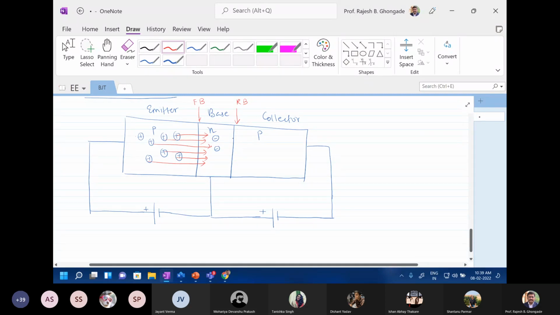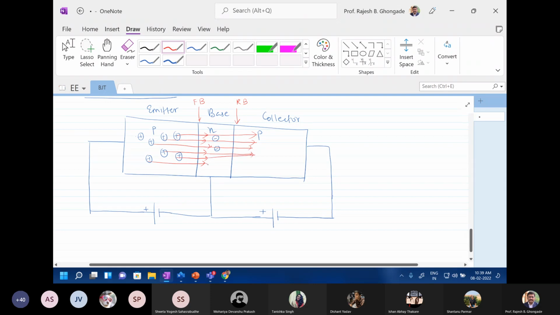What they see here, they see a reverse bias, and we already know what happens. Reverse bias will aid the flow of minority charge carriers, so they will cross over here like this, just like what electrons did in the previous instance.